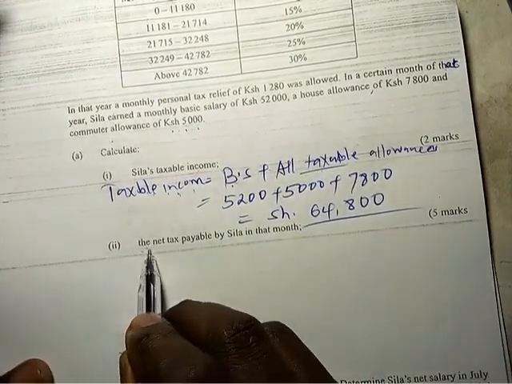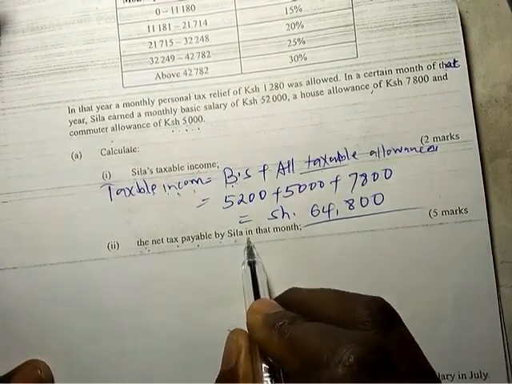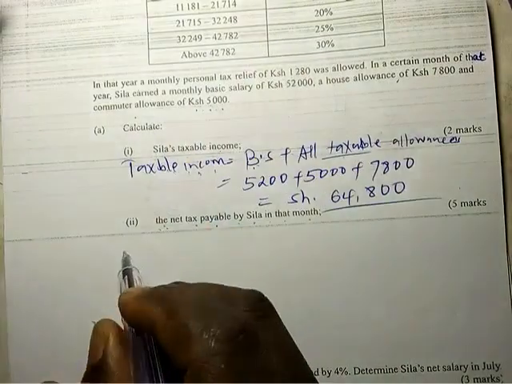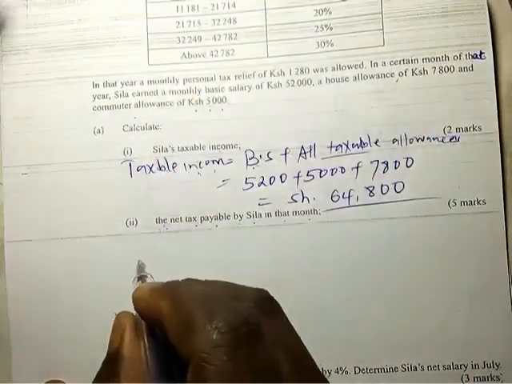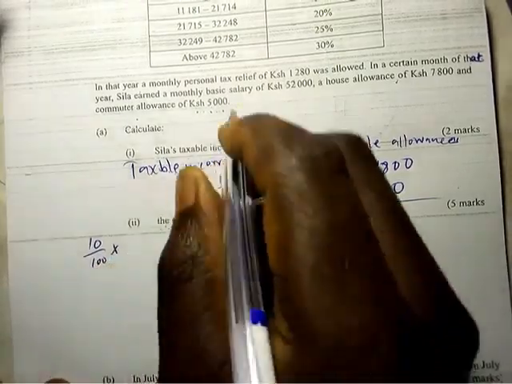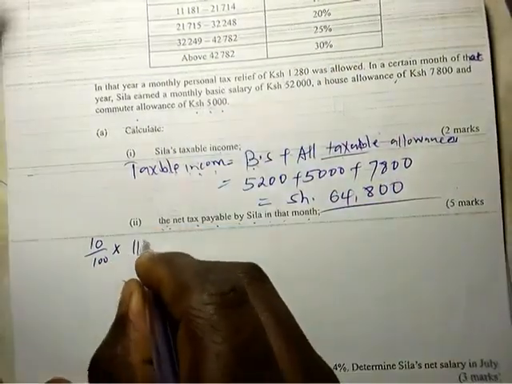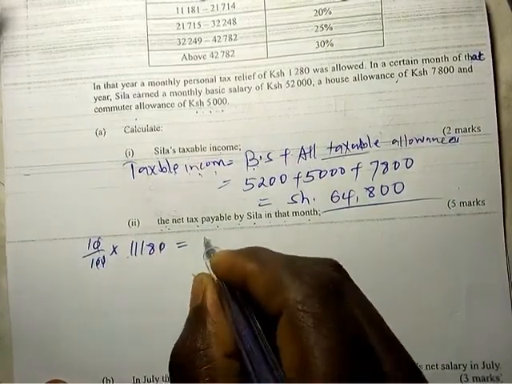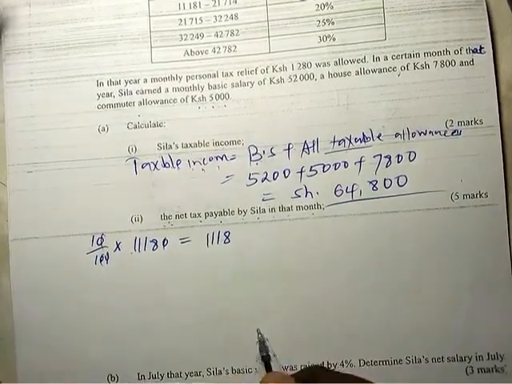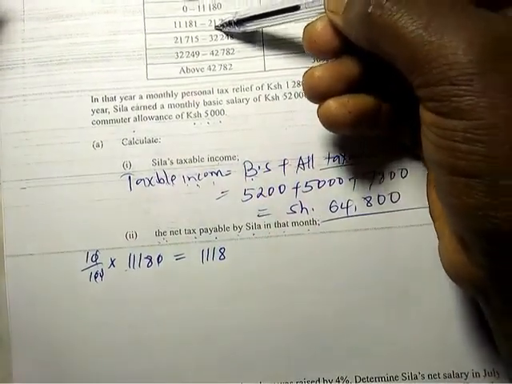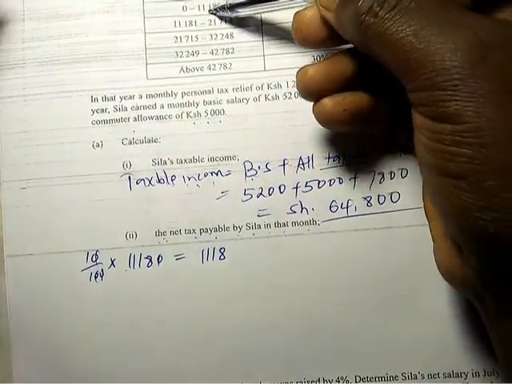Calculate the net tax payable by Shira in that month. We are going to use the taxable income here. We will start by the first slab where she pays 10 over 100 times 11,180, and the tax here is going to be 1118. We go to the next one. So unafanya difference ya hapa 21,714 minus this one.